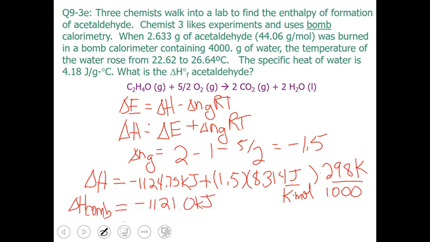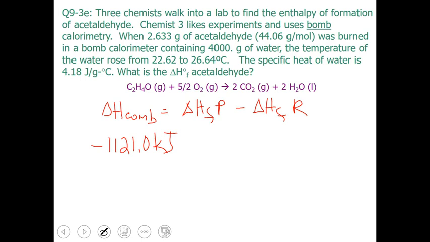Together, this will give us an enthalpy of combustion of minus 1121.0 kilojoules. And now, of course, I need to treat this exactly like the previous problem. I have a value for delta H of combustion, and I can set that equal to the heat of formation of products minus the heat of formation of reactants, and solve for the heat of formation of acetaldehyde.